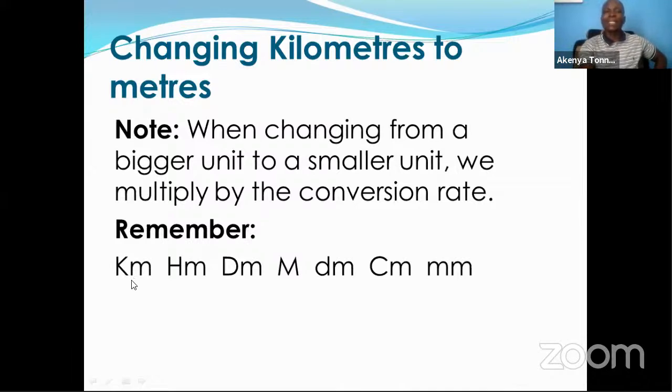They say, King Henry, daughters Mary, drank cold milk. King stands for kilometers. Henry stands for hectometers. Daughters stand for decameter. Mary stands for meters. Then drank stands for decimeter.